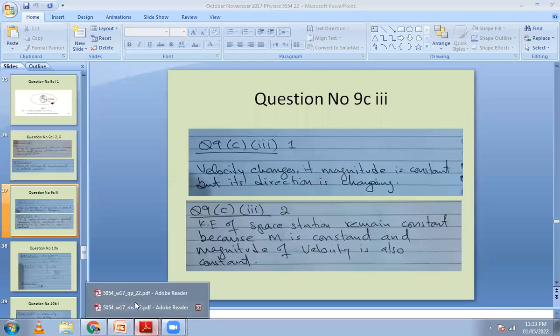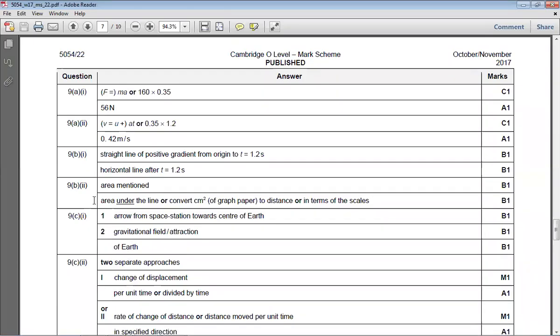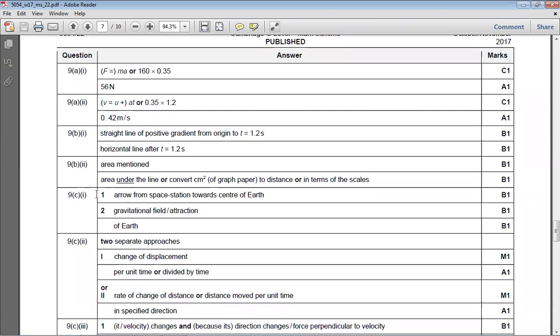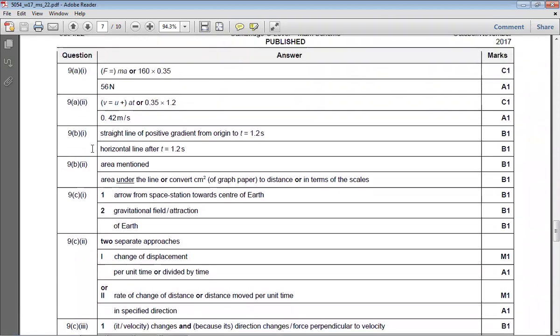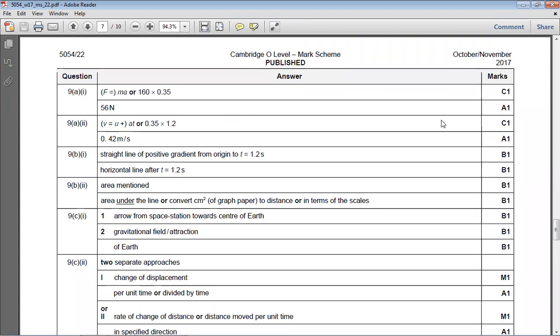Okay, so let's have a look at the marking scheme. Here we go. So my dear students, on your screen, question number 9 of the October 2017 paper 2-2, the marking scheme is showing up. I have already checked my answers with the marking scheme, but for you it is very important to always check your answers, compare your answers with the marking scheme.